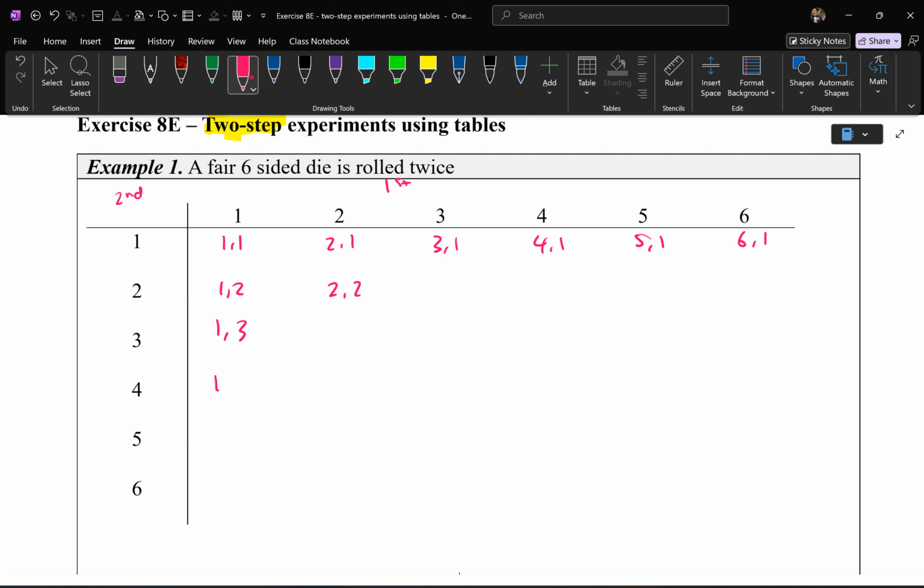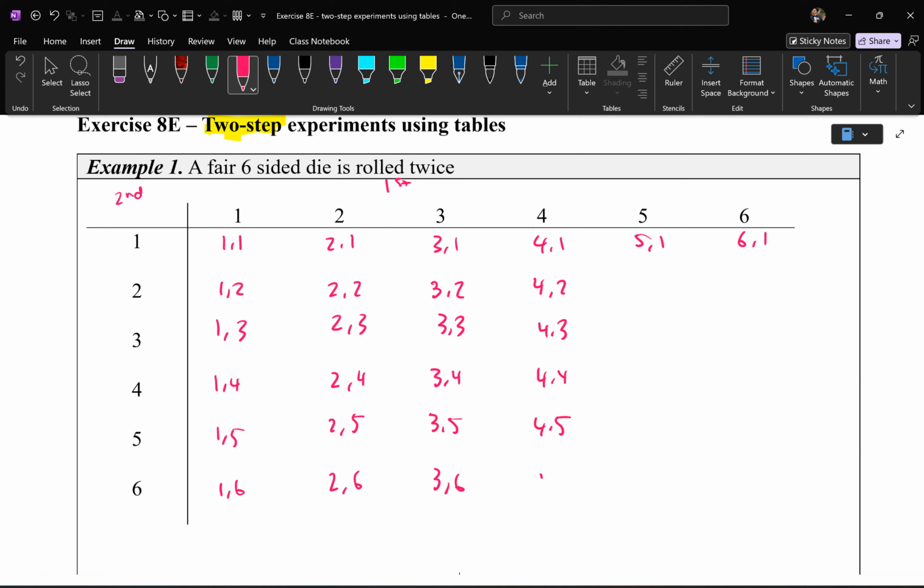Maybe I should just do it this way. 1, 3, 1, 4, 1, 5, 1, 6. 2, 3, 2, 4, 2, 5, 2, 6. 3, 2, 3, 3, 3, 4, 3, 5, 3, 6. 4, 2, 4, 3, 4, 4, 4, 5, 4, 6. 5, 2, 5, 3, 5, 4, 5, 5, 5, 6. And your last row, 6, 2, 6, 3, 6, 4, 6, 5, 6, 6.